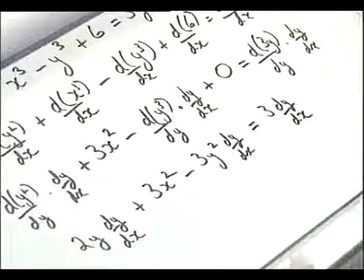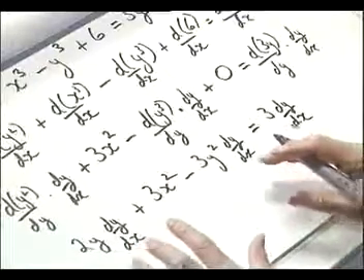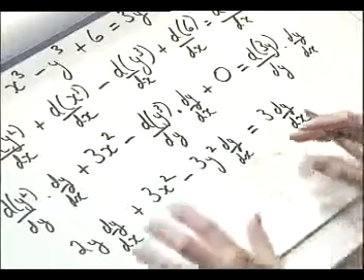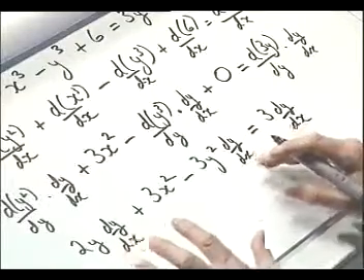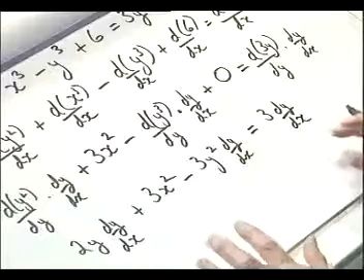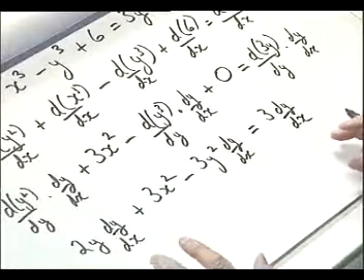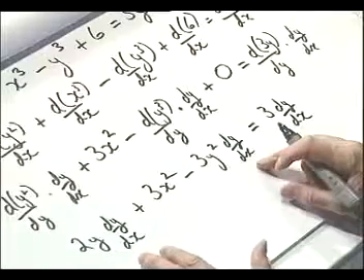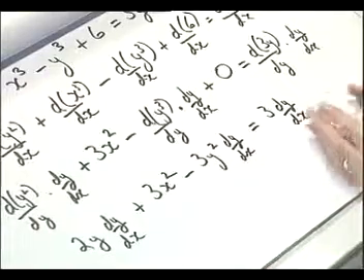Now, let's get together all the terms that have a dy by dx in them, and then we can sort out what dy by dx actually is. So I'm going to gather together all the terms in dy by dx over on this side of the equation.